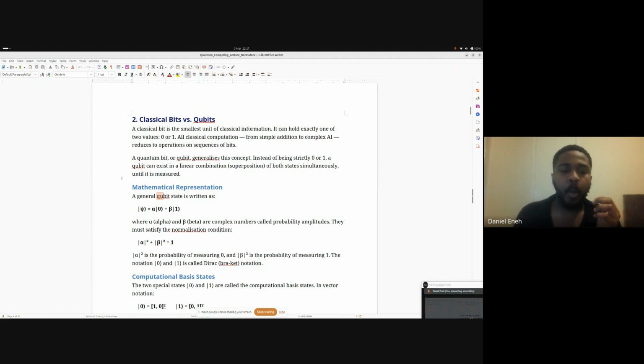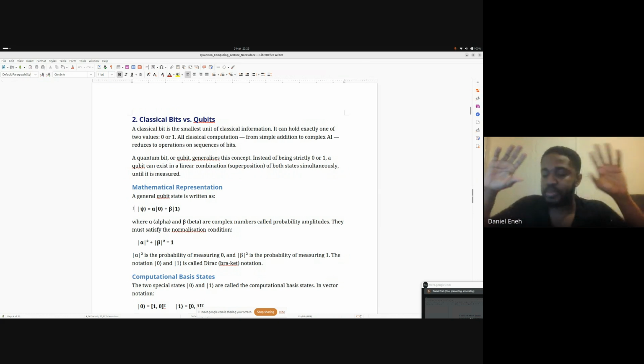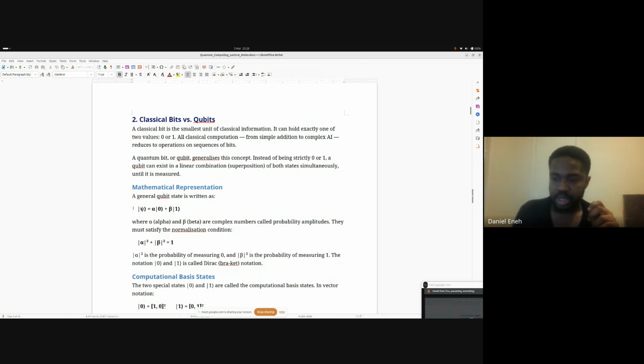Where you have a qubit, the probability of a 0 and the probability of a 1 is defined by this. That's to determine the state. So alpha and beta are called probability amplitudes. And you know, the sum of every probability must be 1. For example, the sum of all the possibilities of an event will sum to 1.